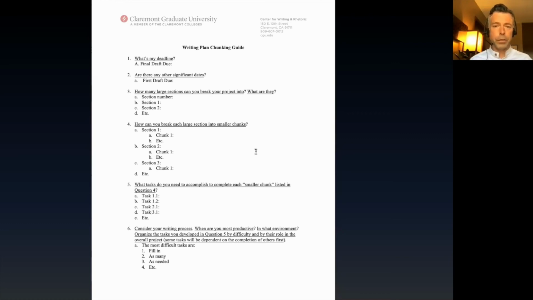It works here as well, where you just brain dump everything you need to do for this literature review that you can think of. So you spend a good 20 minutes on every idea that you can think of that needs to go into this. And then you use that as an initial starting point to think of it in terms of sections and smaller sections and tasks.